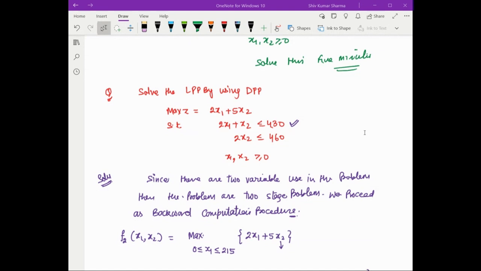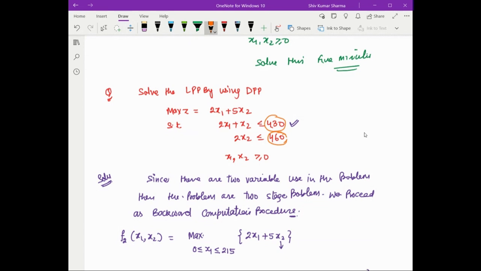Resources are based on availability. Based on availability, we make the constraints. These are the resources, 430 and 460. We bound them, that means we cannot go beyond these values. 2x1 plus x2 less than or equal to 430.